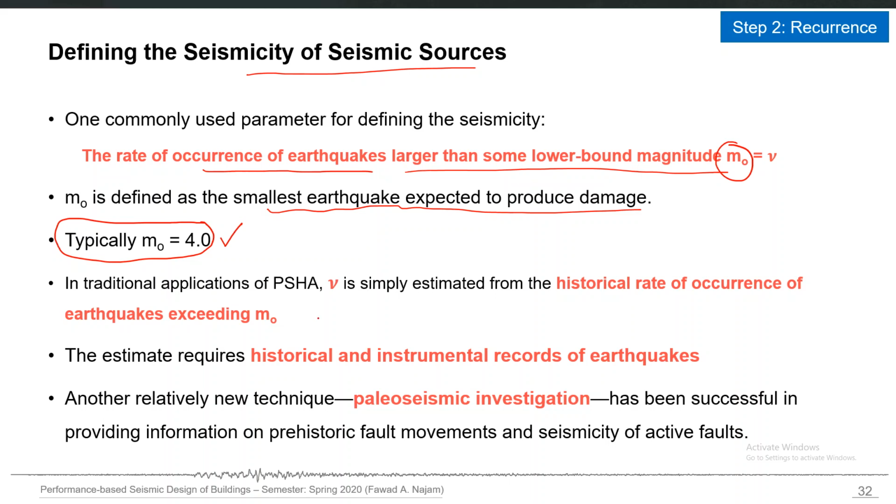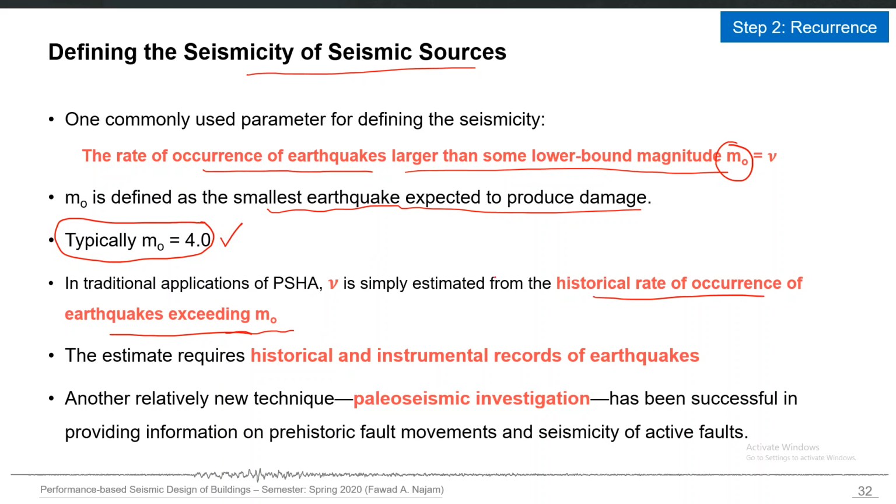In traditional applications of PSHA, this seismicity rate is simply estimated from the historical rate of occurrence of earthquakes exceeding that threshold or minimum magnitude, which is typically 4. So we just use the historical data, the past recorded data or historical records, and then we can estimate the historical rate of occurrence for each magnitude, that is, for an earthquake exceeding a particular magnitude.